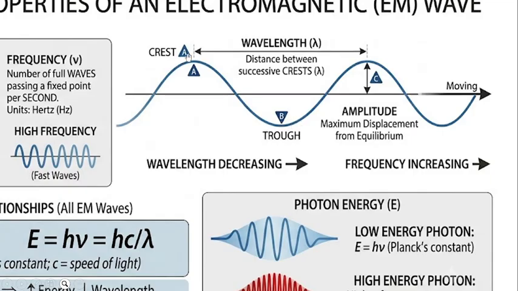The distance between two successive crests, or two successive troughs, or between one crest and one trough, is known as wavelength and denoted as lambda. And the maximum displacement from the equilibrium is known as the wave's amplitude, that is A.